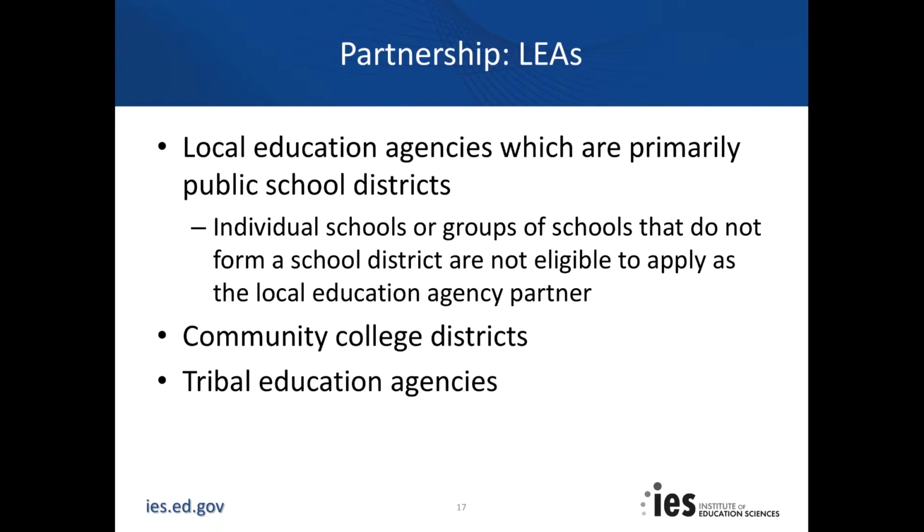And finally, non-public organizations that oversee or administer schools, such as education management organizations or charter management organizations. Those groups can be partners, but you must include the public, state, or district agency that oversees the schools that are involved. There are also some very small local education agencies, in some cases even having one school. These can apply as a partner, but the peer reviewers may consider that work less significant than projects involving multiple schools.